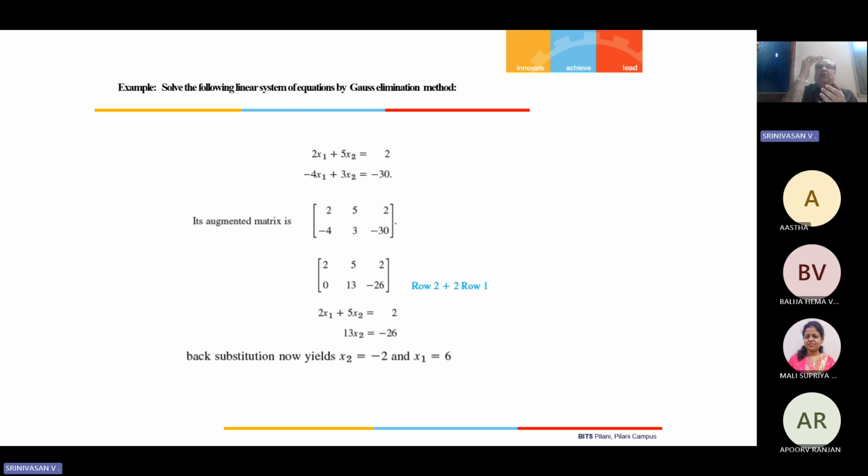So 2 times R1, that is, -4 plus 2 into 2, will make it 0. R2 elements are to be kept as they are, plus 2 times R1 elements.